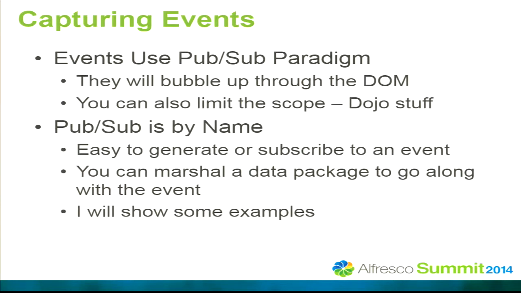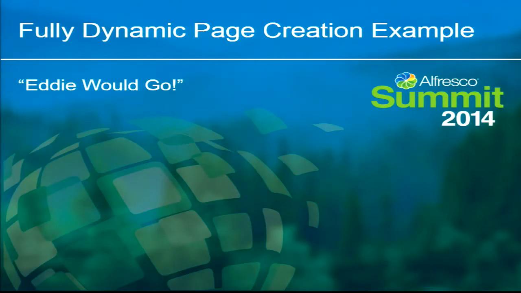And the publication and subscription is just by the name of what the event is, so it's pretty straightforward to use. You can also marshal data, and I'll show you an example of this as well, to send along with the event so that you can pass some things along that you would want to have.